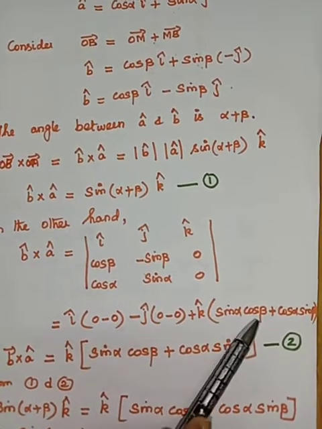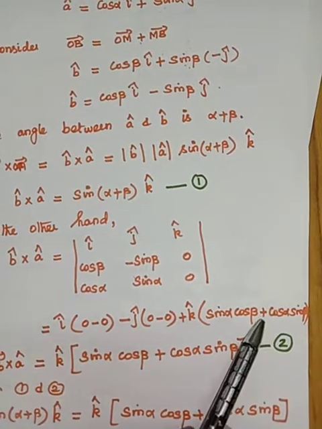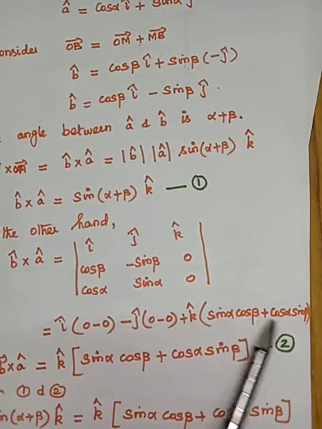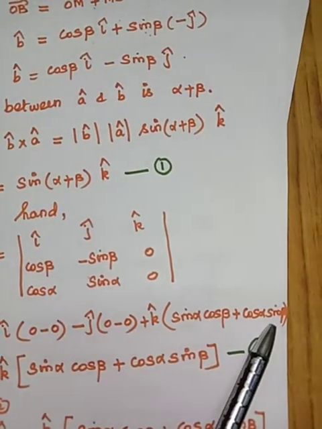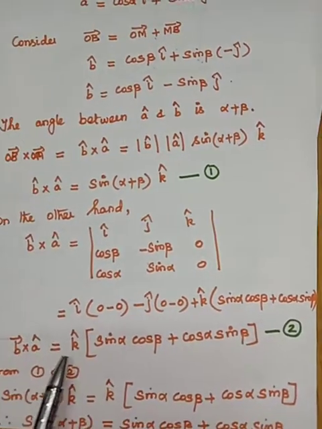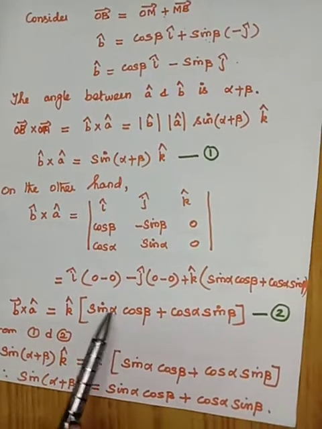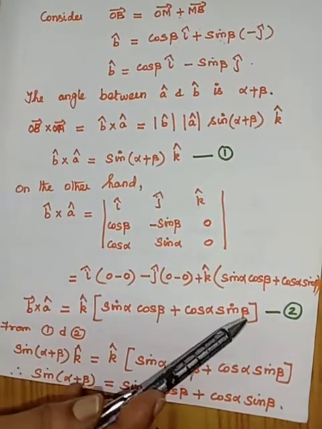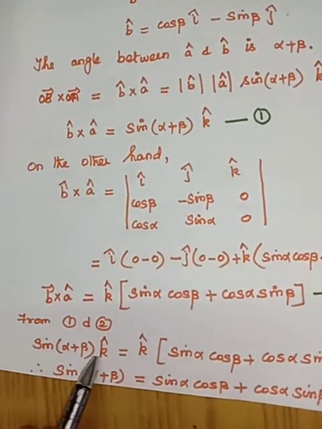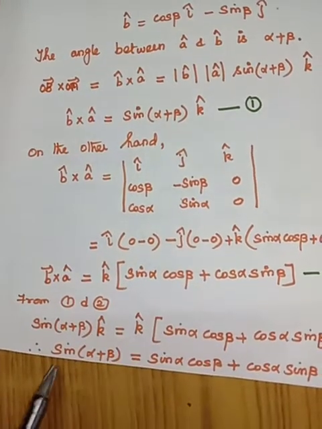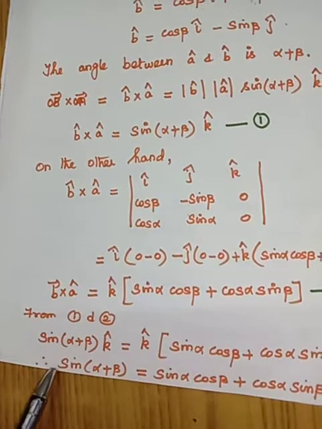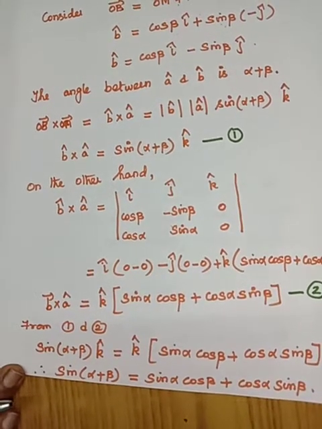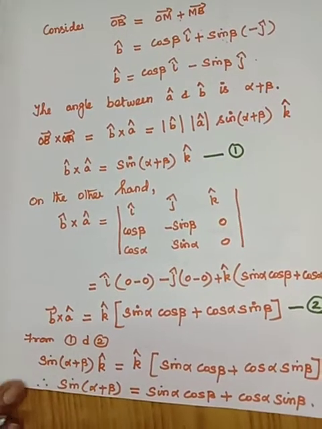So sin alpha cos beta. In the formula itself we have to write minus, here also one minus, so it will become plus cos alpha sin beta. So when you simplify, it is K cap into sin alpha cos beta plus cos alpha sin beta. From 1 and 2 you have to equate. So when you cancel K cap you will get the result we want. Sin(alpha plus beta) is equal to sin alpha cos beta plus cos alpha sin beta.